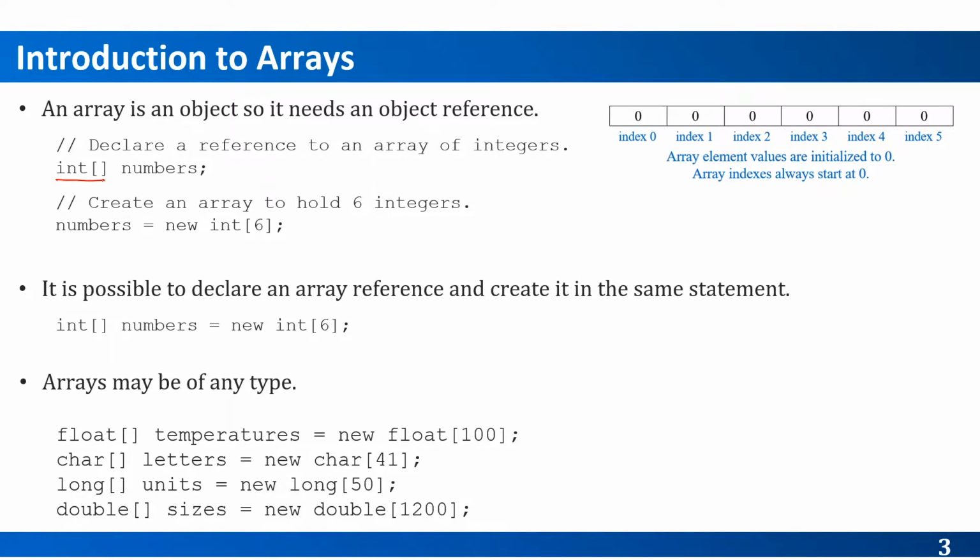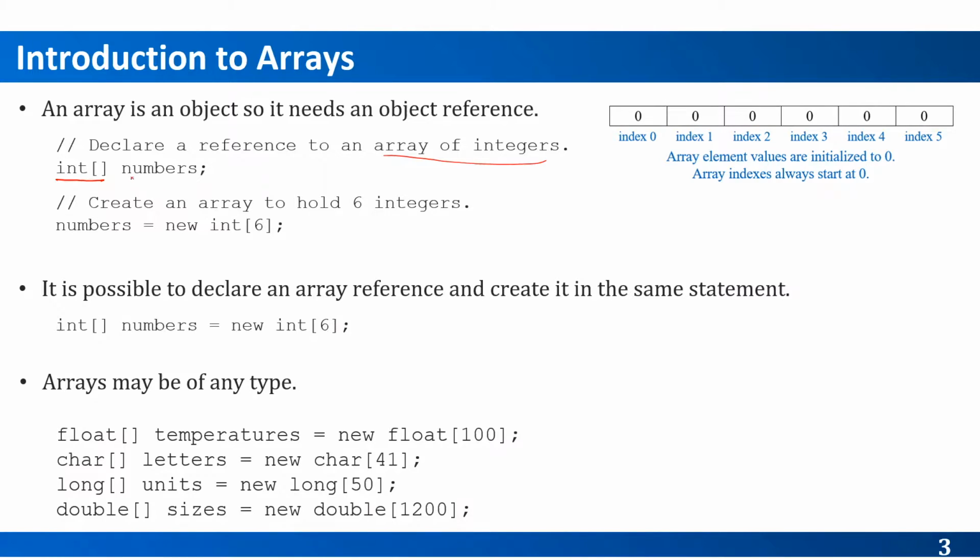Int, and now I'm trying to declare an array of integers. To tell the difference between an array of integers and the primitive data type single variable integer, you will need to tell Java that this is going to be an array. And to declare an array, you need to use empty square brackets, opening and closing, and that tells Java this is an array.